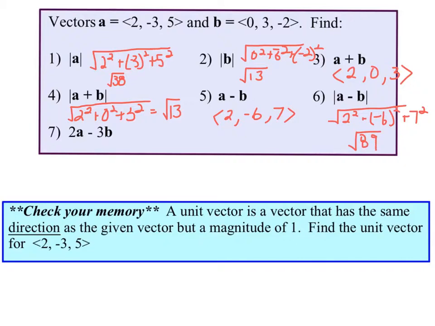And finally, 2A minus 3B. Okay, so let's think 2A, so 4 minus 3 times 0, so this would be 4.